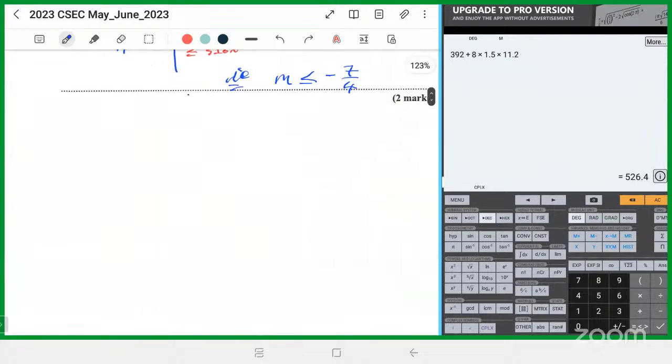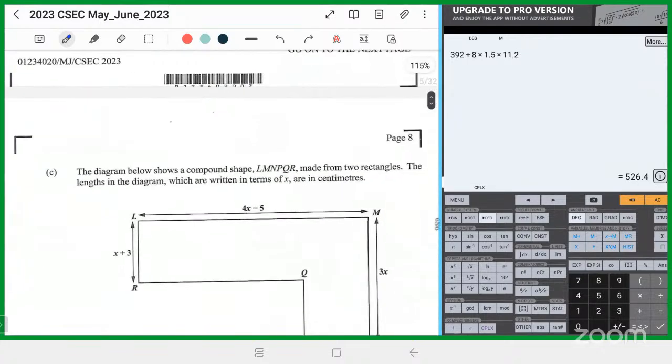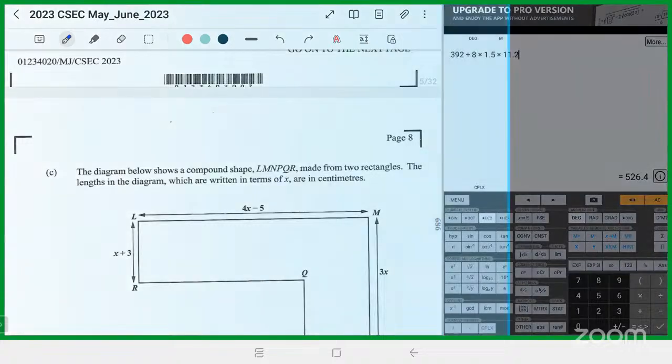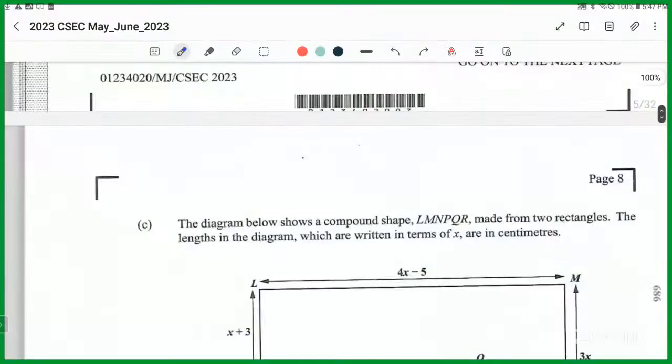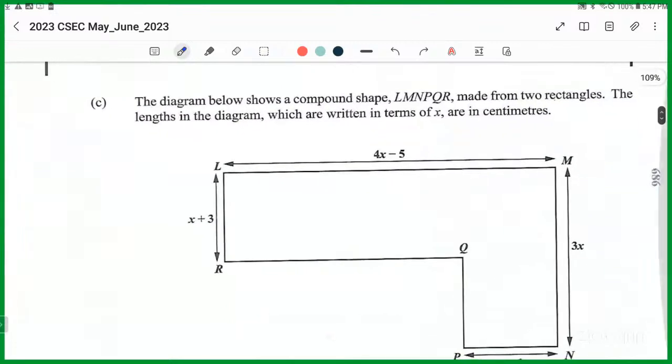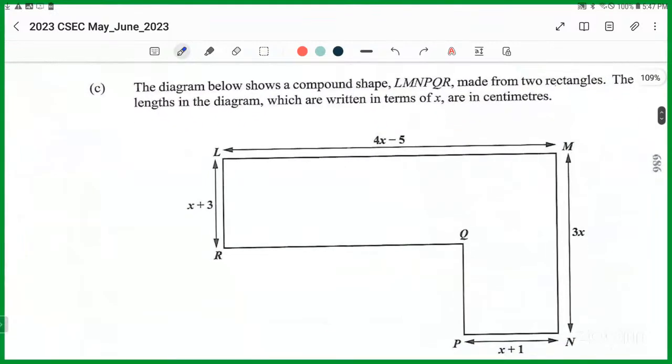Let's continue. Part C. Part C says the diagram below shows a compound shape LMNPQR made from two rectangles. So I can divide it here to get the two rectangles, right?